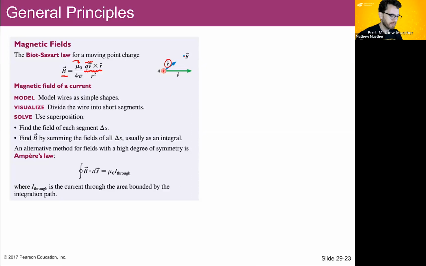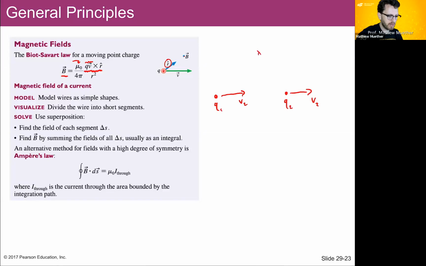The general idea is something we've seen for lots of different physical phenomena. Say I have charged particle 1 moving with velocity v1, and I have charged particle 2 over here in space, moving with velocity v2.